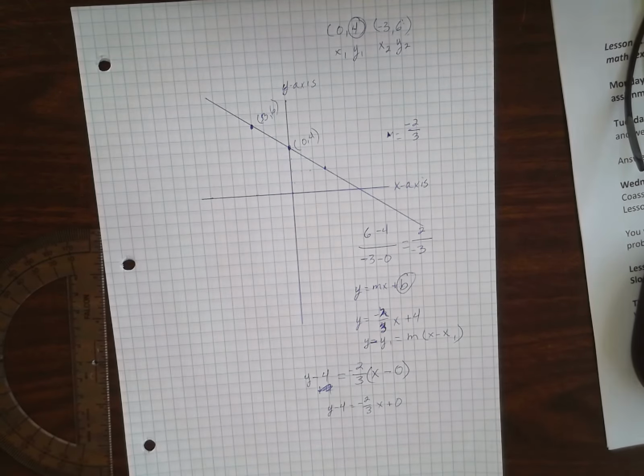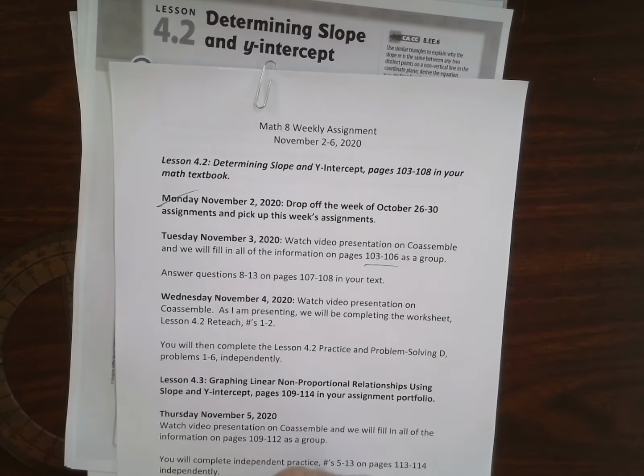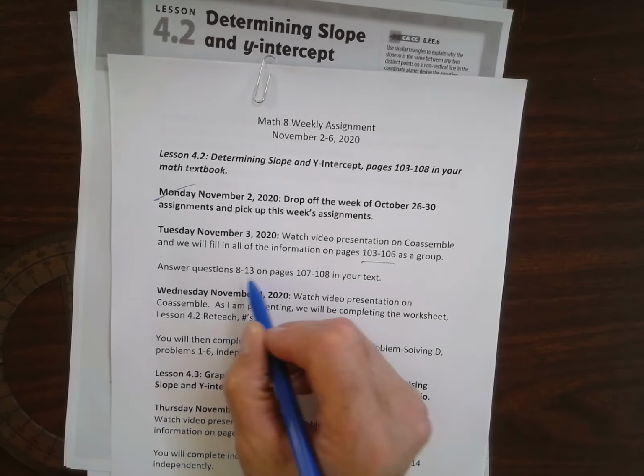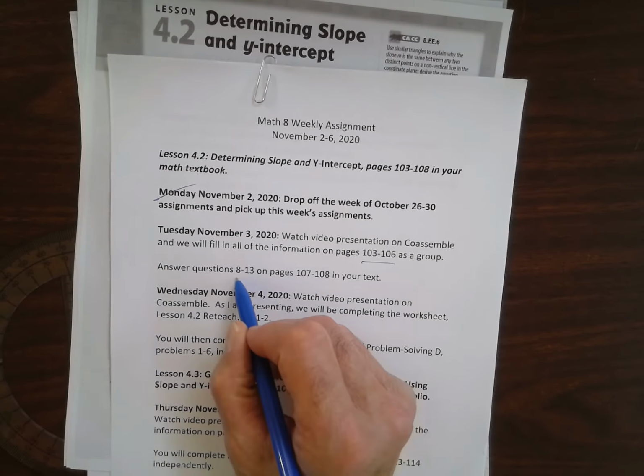Tuesday, watch this video and whatever other videos that I present. We're going to do pages 103 to 106 together. Then you're going to solve problems 8 through 13 on pages 107 and 108 in your text.